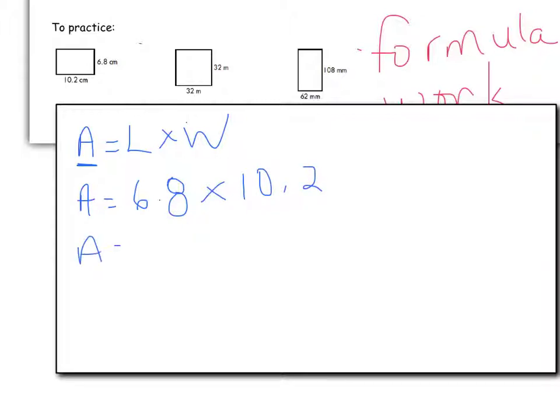And you're going to type that into your calculator because we haven't even done multiplying two decimal numbers. 6.8 times 10.2 is how you would type that into your calculator. Your answer would be 69.36 or 69 36/100 centimeters squared is how that answer should look. Take a look at yours.